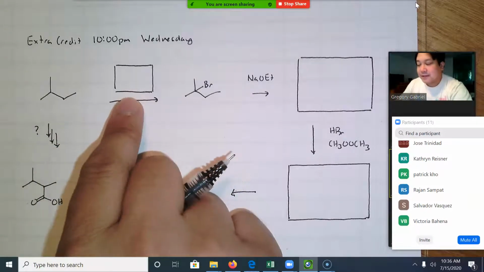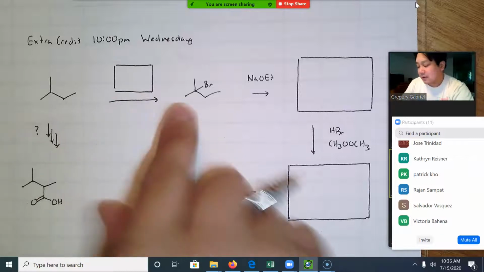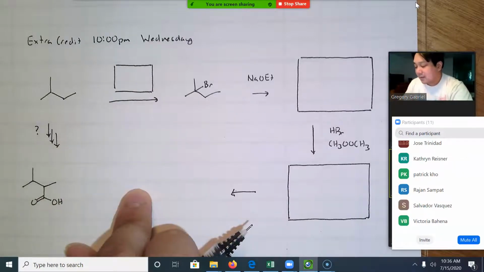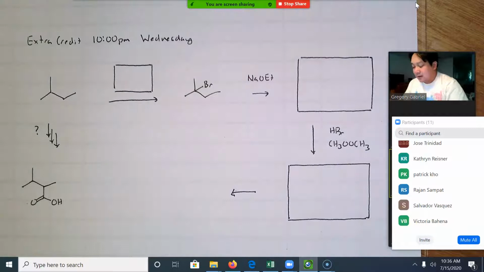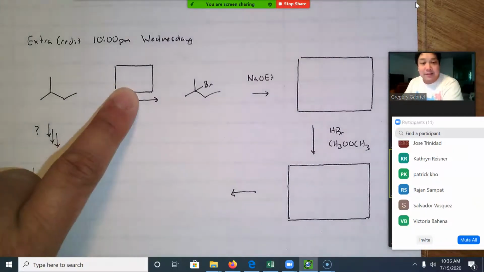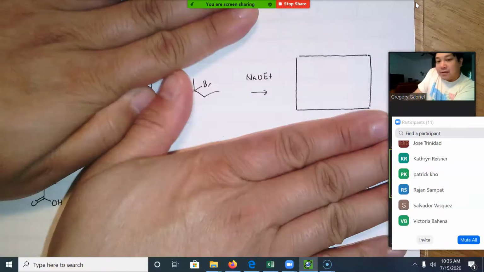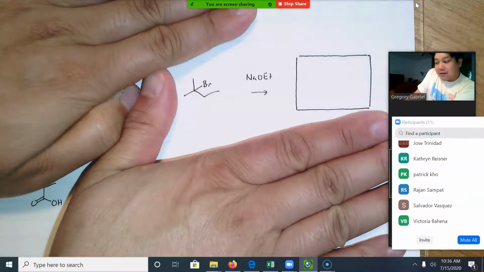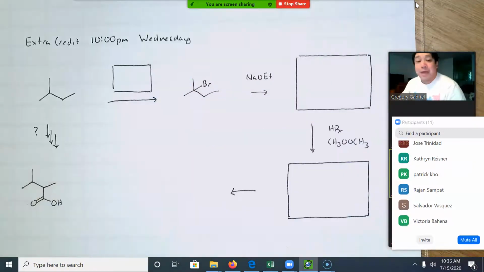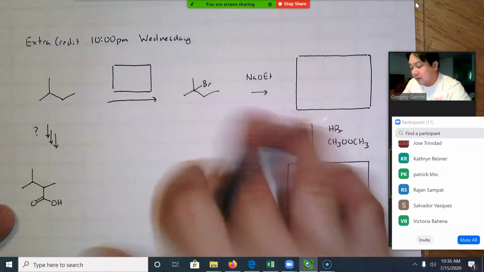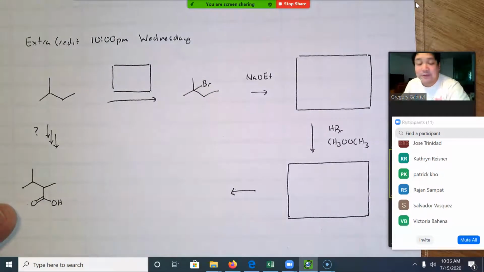But that shouldn't sink you for the rest of the boxes, because even if you don't know this box, just cover it up. You should be able to know that product right there. Okay? You could work backwards. You could use other parts of the synthesis for clues.